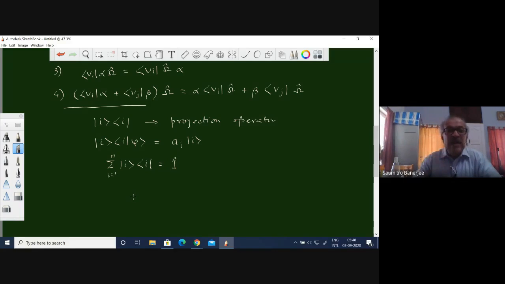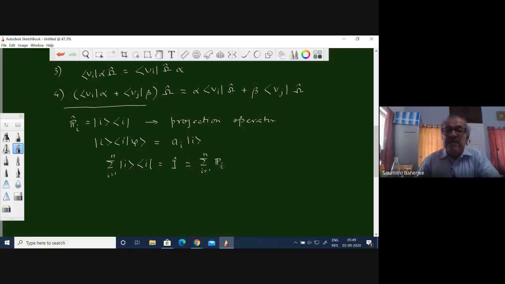Now we will call each of these the projection operator. Let us give a symbol like this in the ith direction. So it is an operator. So your identity operator is the sum of the projection operators, i equal to 1 to n, of the projection operators.